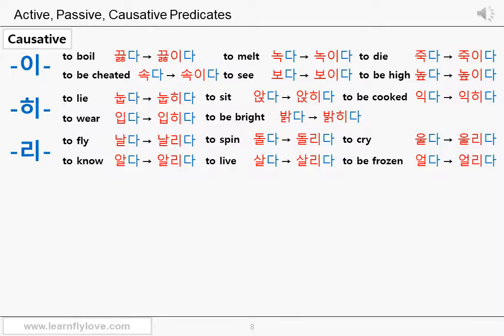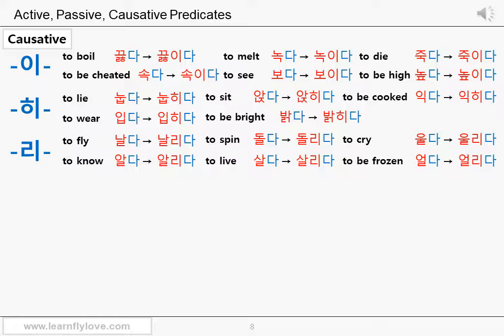To be frozen. When you want to say something is frozen in English, you use the adjective frozen. But in Korean, you use the active verb 얼다. Okay? Again, when you say something is frozen, you use the active verb. It's a verb. 얼다 in Korean.